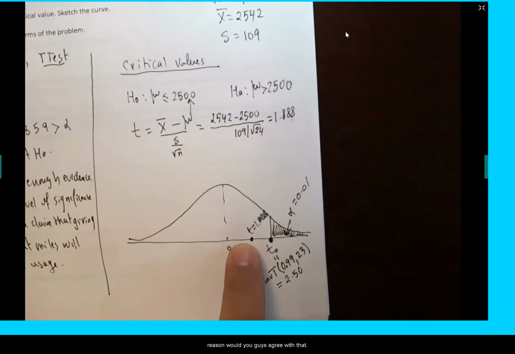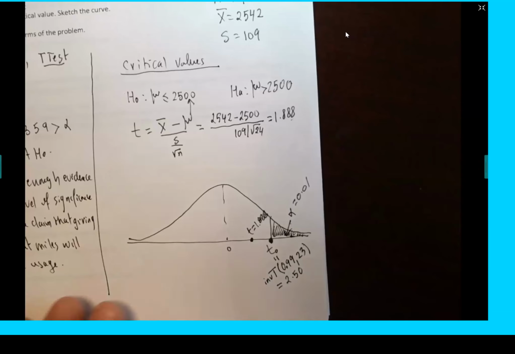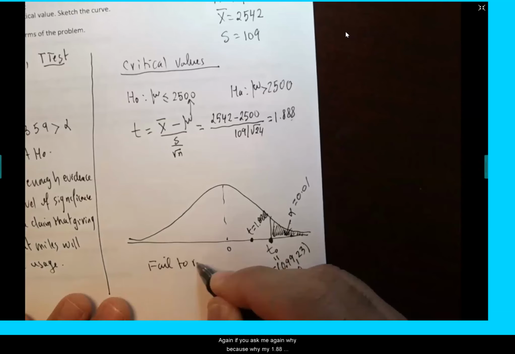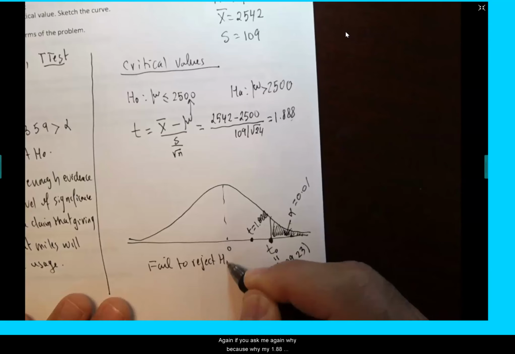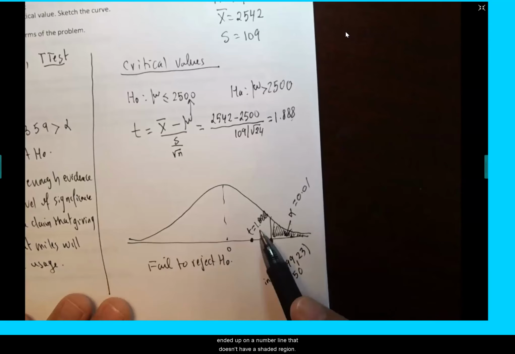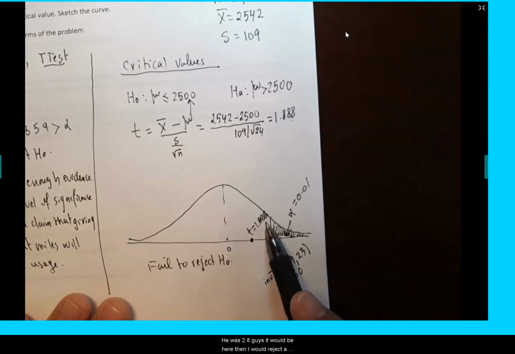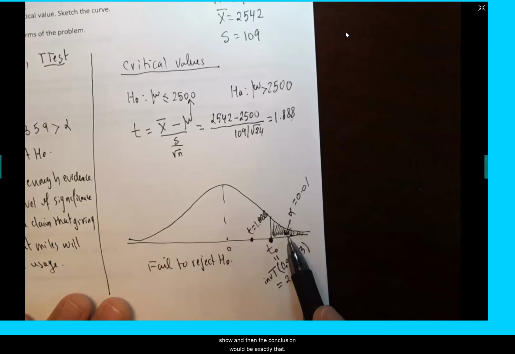Would you guys agree with that? Fail to reject H0. Again, if you ask me why, it's because my 1.88 ended up on a number line that doesn't have a shaded region. If t was 2.8, guys, it would be here, then I would reject H0. And then the conclusion will be exactly the same.